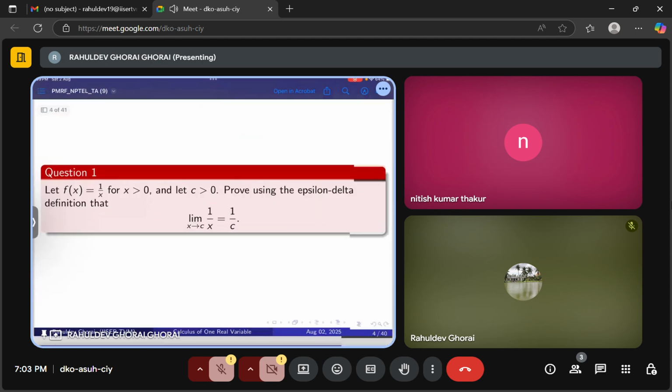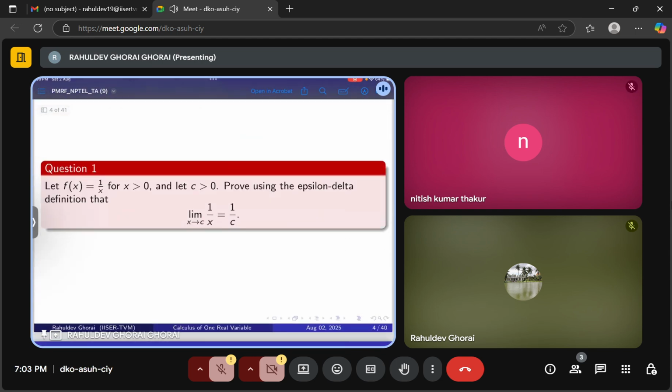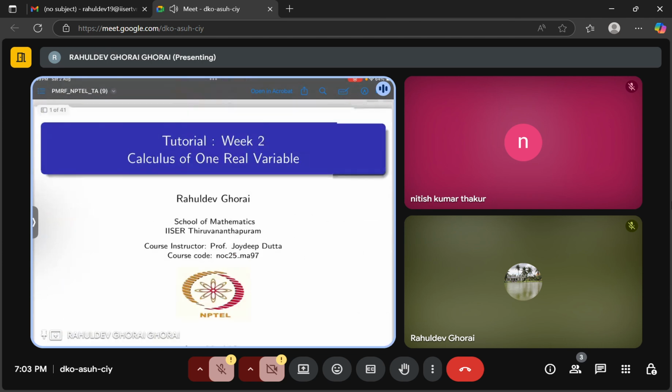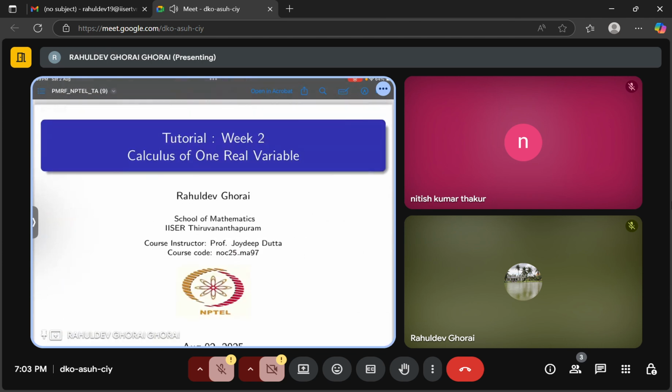About limits, see, this type of questions are there, like 1 by x, how it is converging to 1 by c, let's say c greater than 0. If you do simple questions, you will understand how the limit definition comes. So I'll go through the examples. If you are still not understanding, then we can discuss it one by one also.